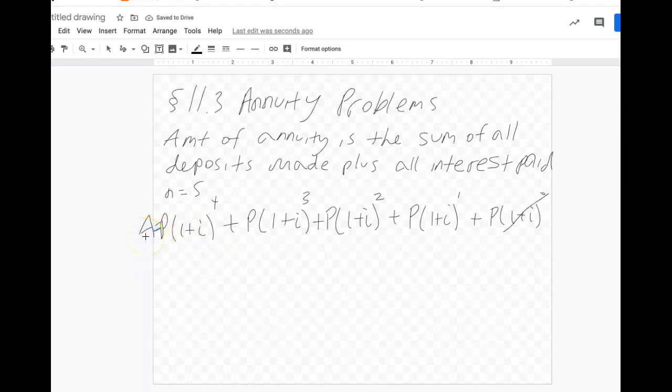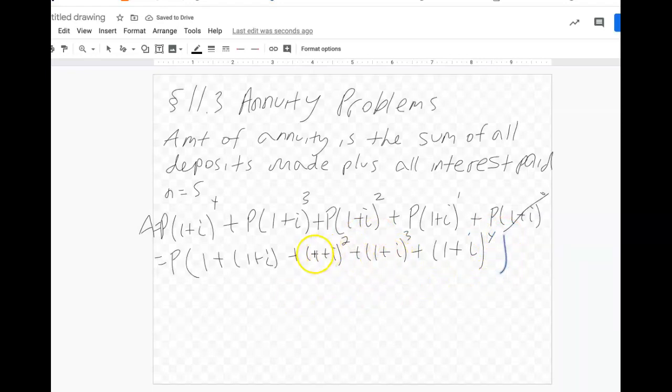And so hopefully this looks a little familiar. Let's begin by factoring out a P, and I'm going to rewrite this as 1 plus (1 plus i) plus (1 plus i) to the 2nd plus (1 plus i) to the 3rd plus (1 plus i) to the 4th.